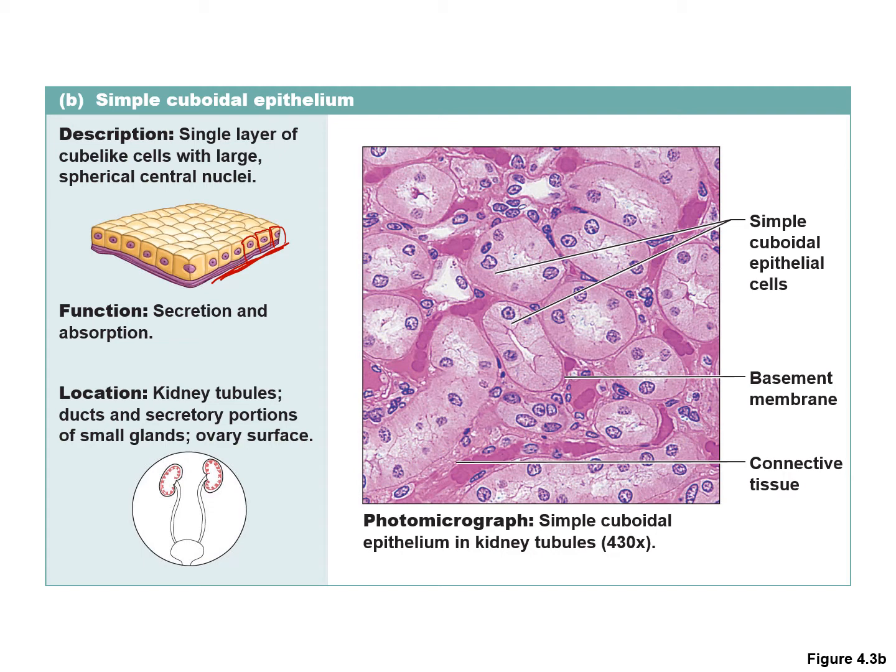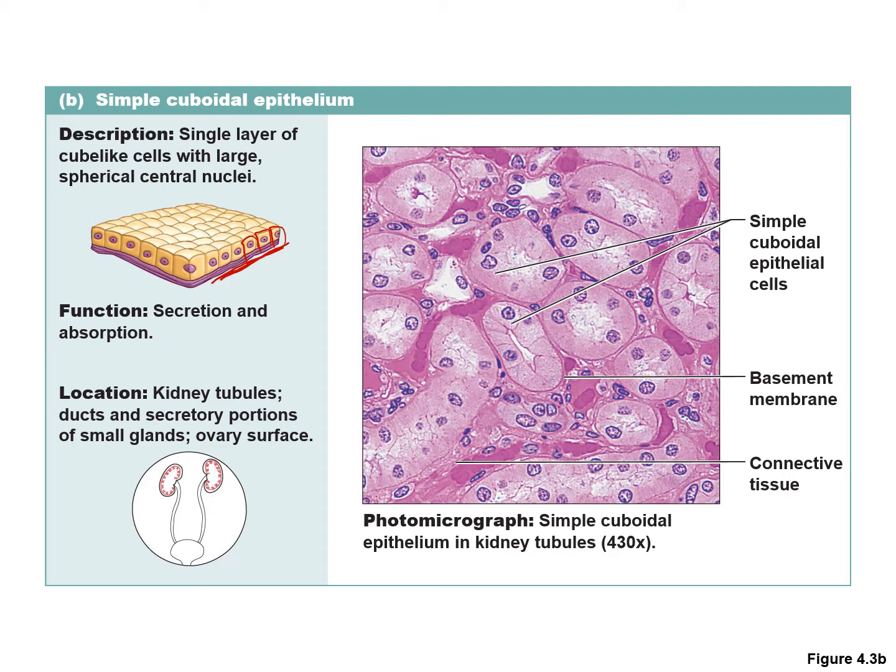So that's our description. Function: secretion and absorption. And again, where do you need secretion and absorption? You need it in kidney tubules, also ducts of the glands. Small glands are made from simple cuboidal, and surface of the ovary.